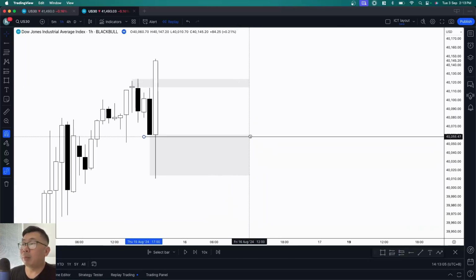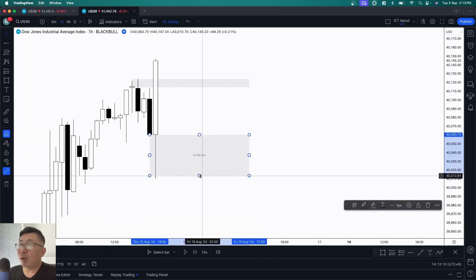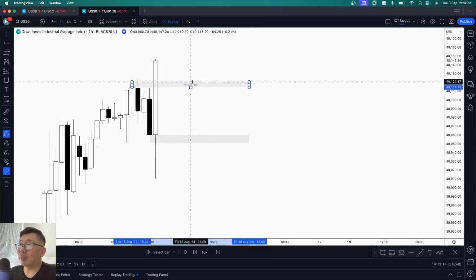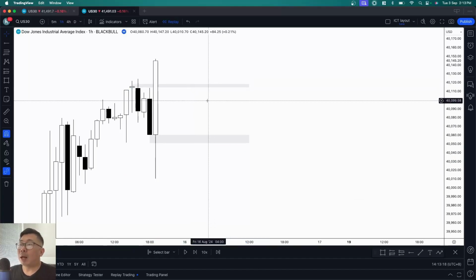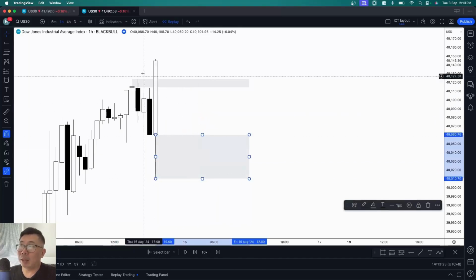Some people like to draw an area like me, but not as large as mine. They like to draw the support and resistance quite slim like that. But for me, I draw my support and resistance to cover the entire wick.